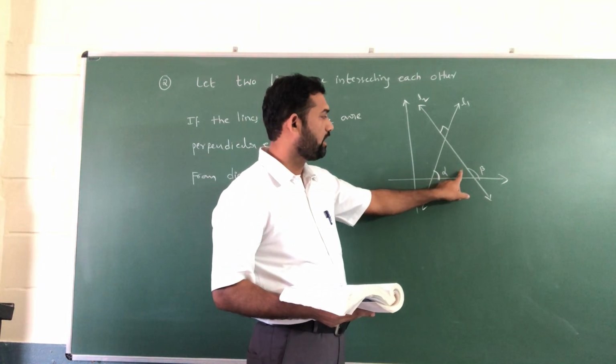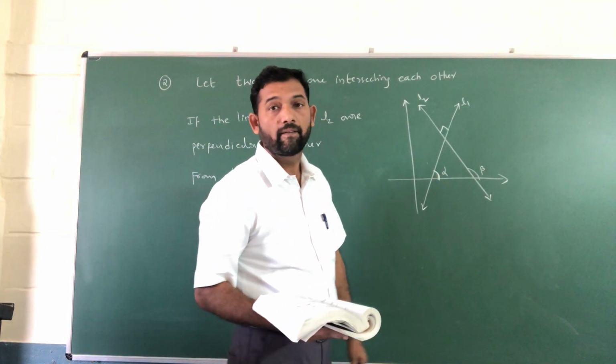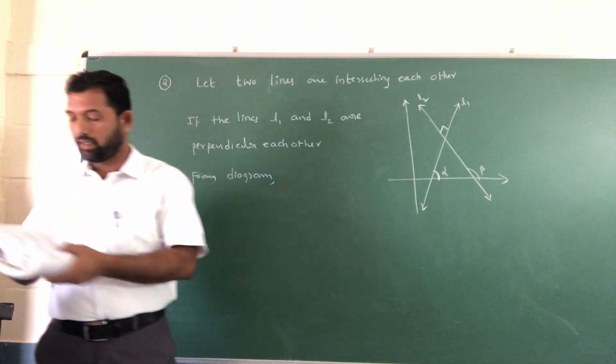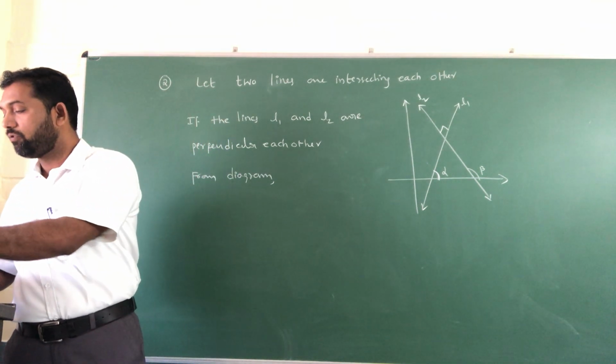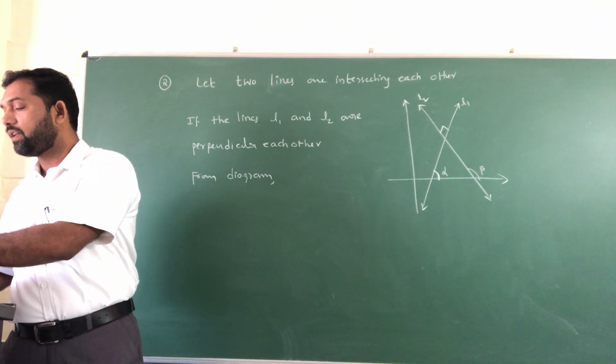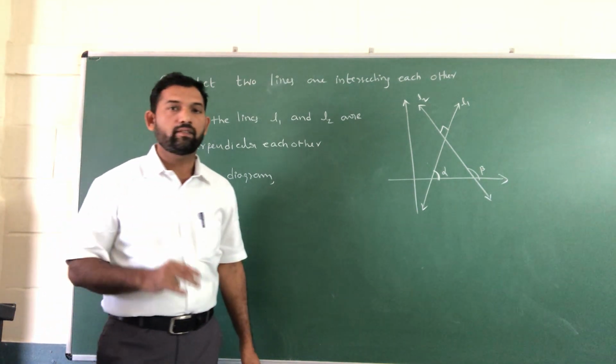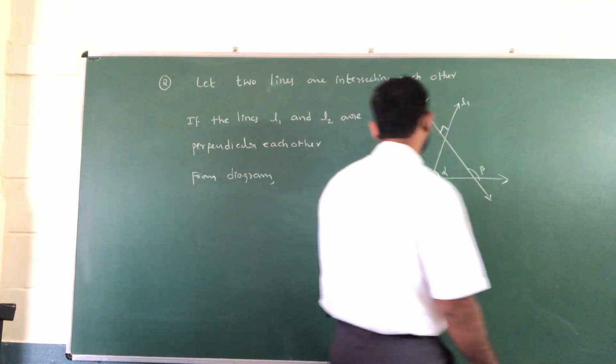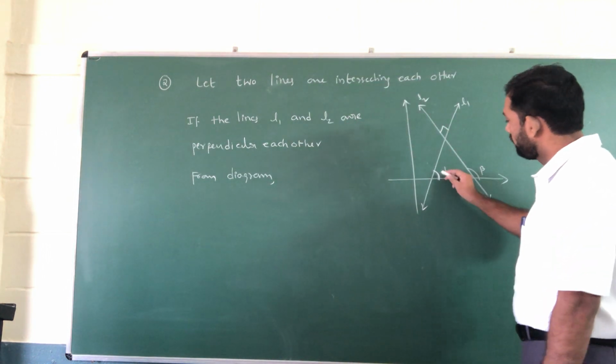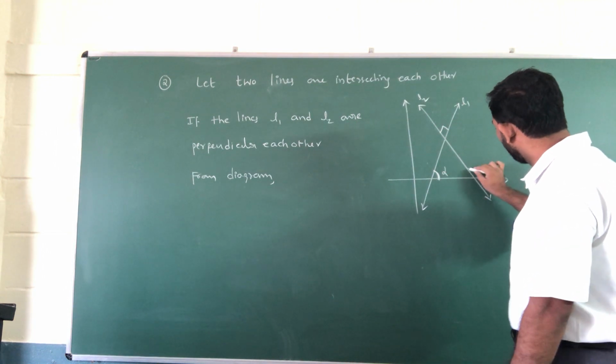Next, what is this angle? Listen carefully. Beta is equal to alpha plus 90. Here this is alpha, this is beta.